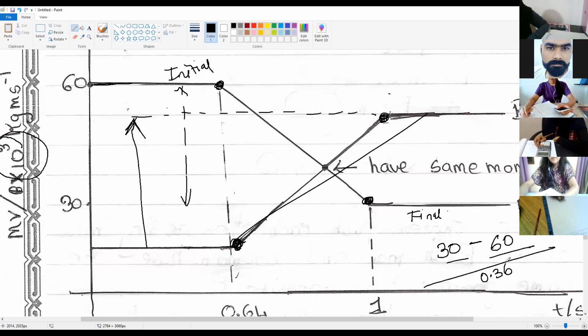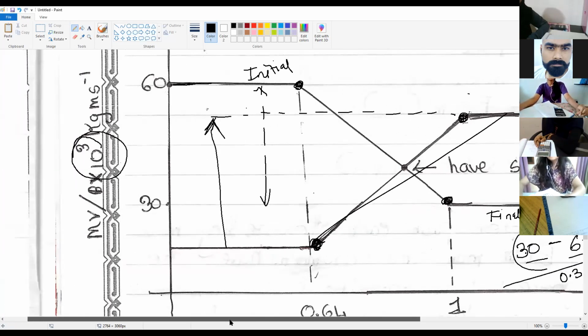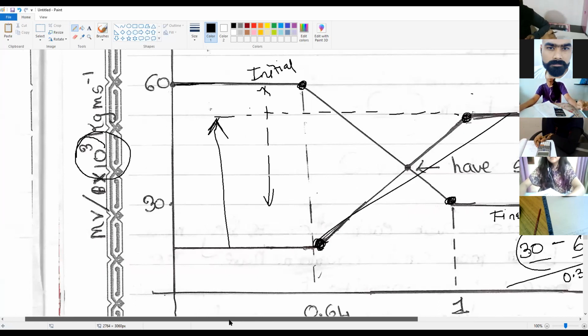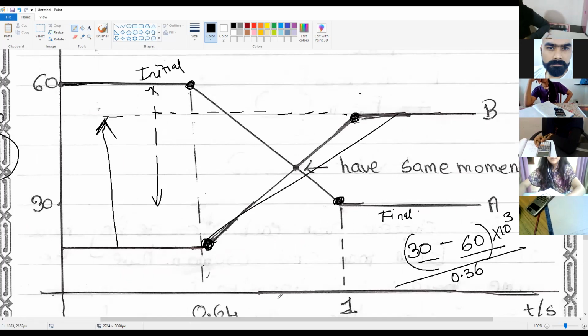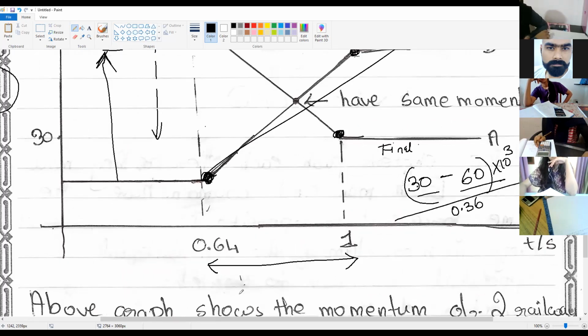Okay, fine. So final minus initial, but you have to multiply both of them by 10 to the power 3, because of the y-axis. Whatever value you have, multiply it by 10 raised to 3. Here I'm doing final minus initial. So final is 30, my initial is 60. Understood?